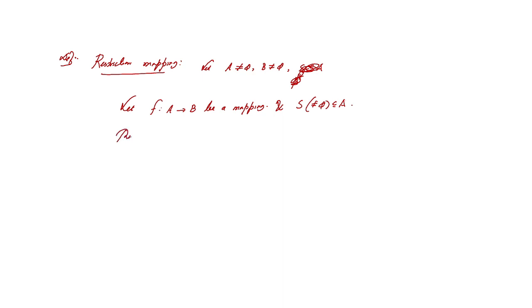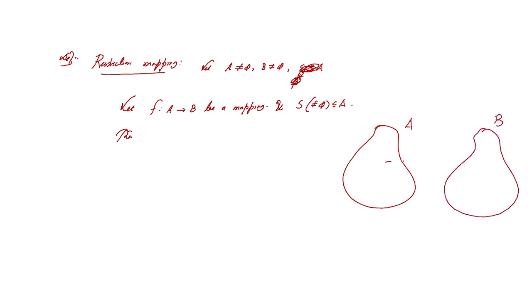Then, so this is your A and this is your set B, and f is a mapping from A to B. Now we have a non-empty subset S. We are trying to restrict the map f on the set S. How?